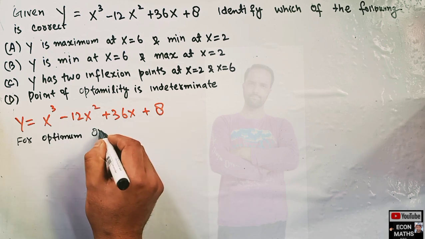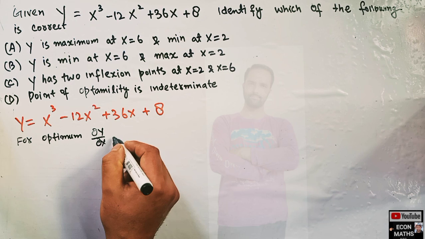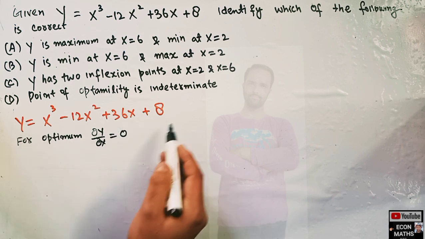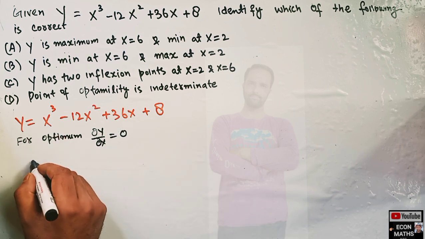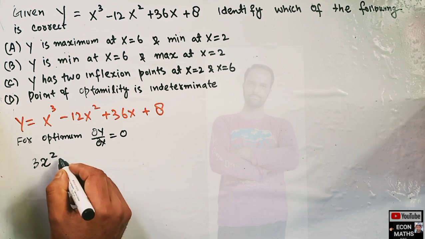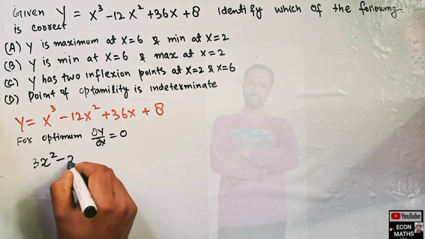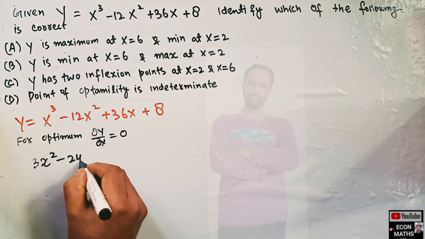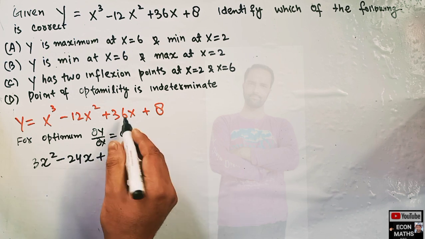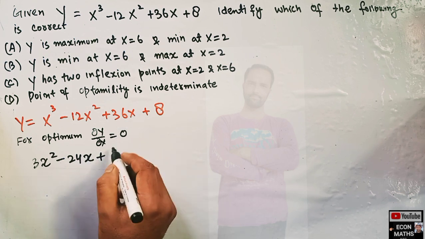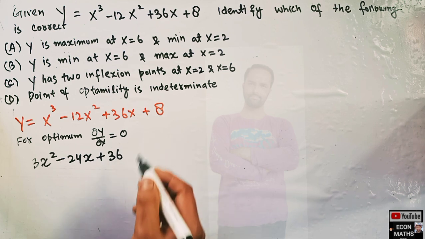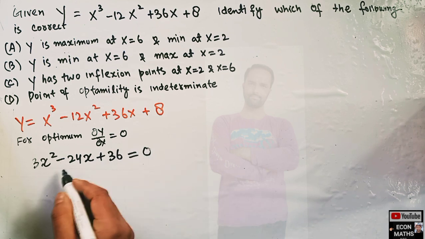So we take dy upon dx is equal to 0. If we take the derivative, this becomes 3x square minus 2 into 12, which is 24x, plus the derivative of 36x, which is 36. Derivative of a constant is 0, so we equate this to 0.